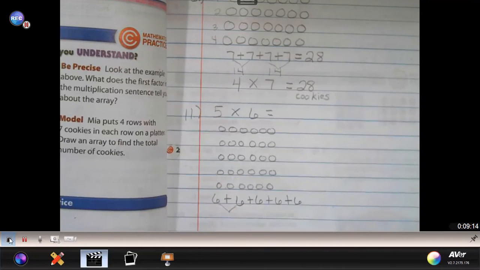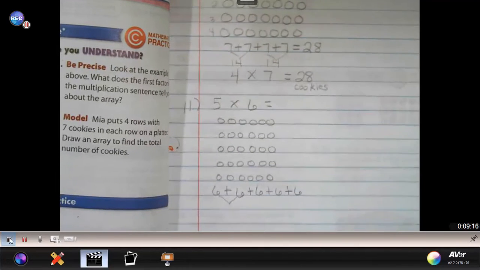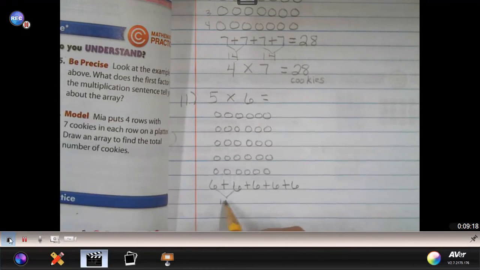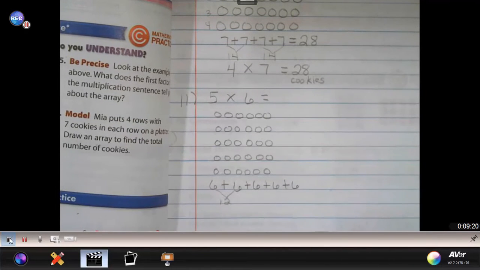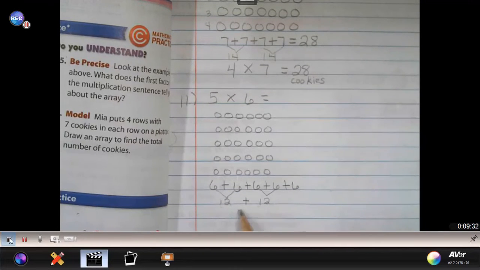So if I use my understanding of my doubles, I could add 6 plus 6 is 12. And this group of 6 plus 6 would also be 12. And if you know what 12 plus 12 is, 10 and 10 makes 20, and 2 and 2 makes 4. So that means that I would have 24 with these 4 groups of 6.